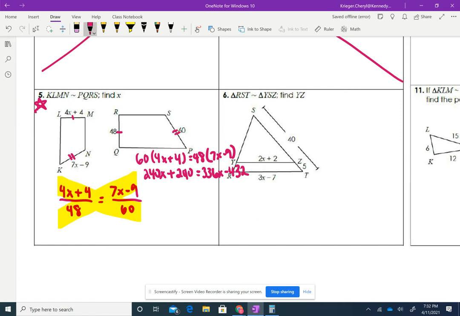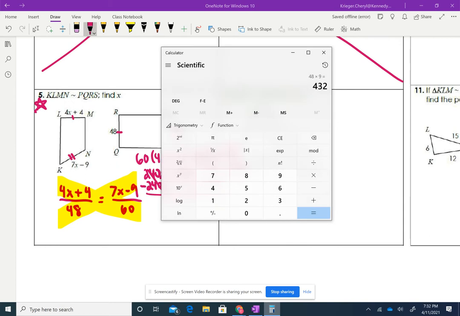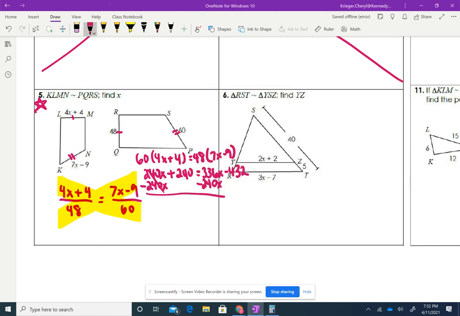Okay, so let's subtract 240x on both sides. So that gives me 336 minus 240, 96x. And then we'll add 432, plus 432.